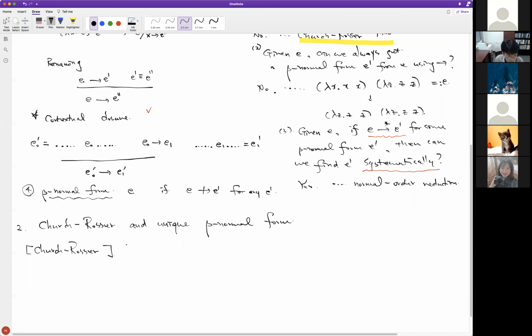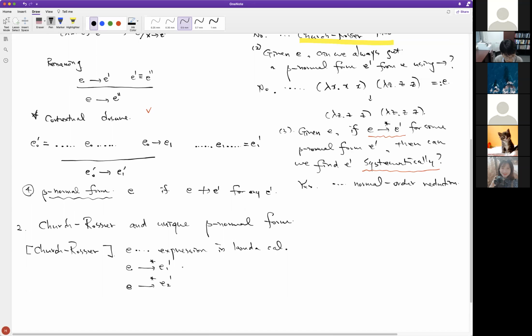Let E be an expression in the lambda calculus that we are studying right now. Suppose that E can be reduced to E1 prime, and also E can be reduced to E2 prime.